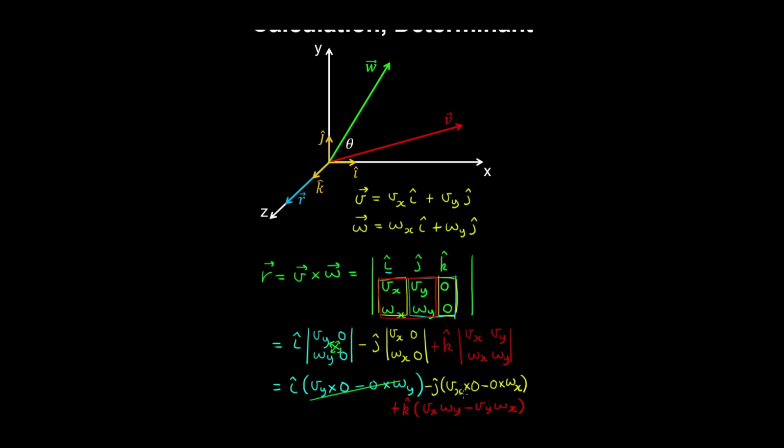So therefore these terms are all 0, and the resulting vector r is as follows. So it only has a component that's perpendicular to both vectors v and w, so it must point in the z direction.